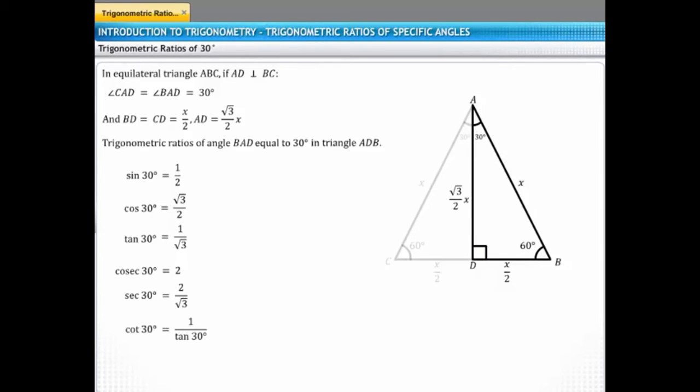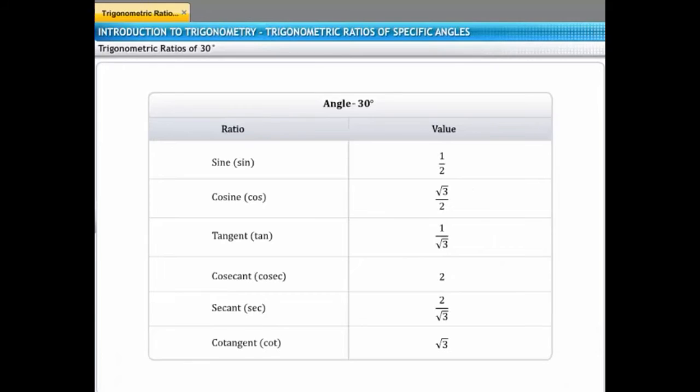Cot 30 degrees is equal to the reciprocal of tan 30 degrees. Since tan 30 degrees is equal to 1 by root 3, cot 30 degrees is equal to root 3. Let us quickly recap the trigonometric ratios of a 30-degree angle.